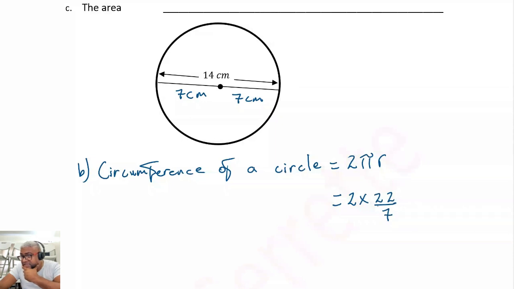Jameson, what is my radius here again? Sir, I didn't get to finish write out the pi note, but 7. What is my radius? Right, 7.